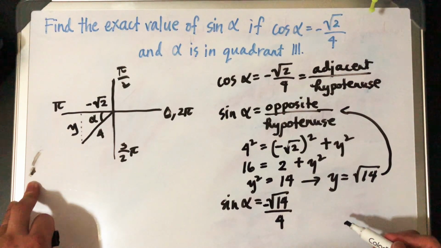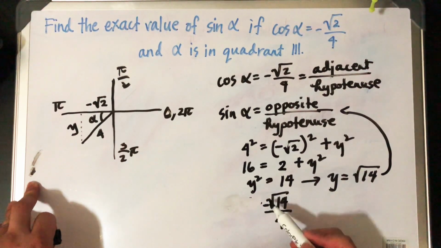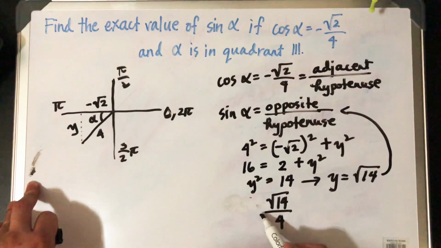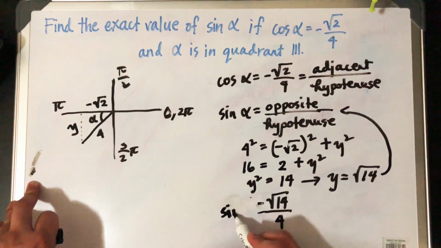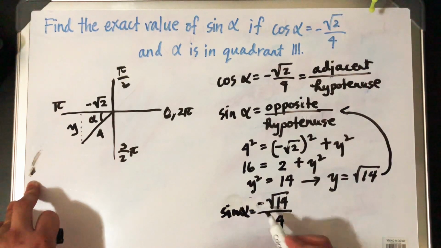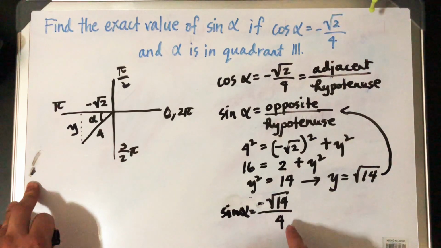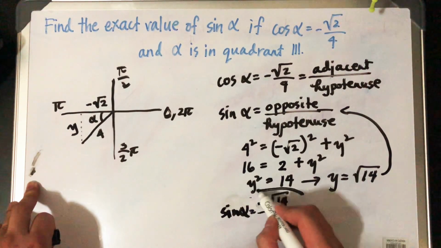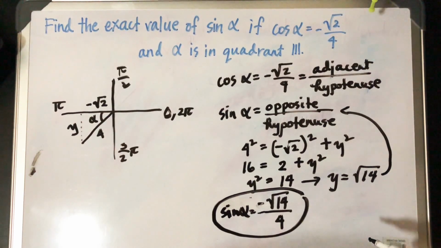So if we try to write it properly, sine alpha is equal to negative square root of 14 over 4. And this is our answer.